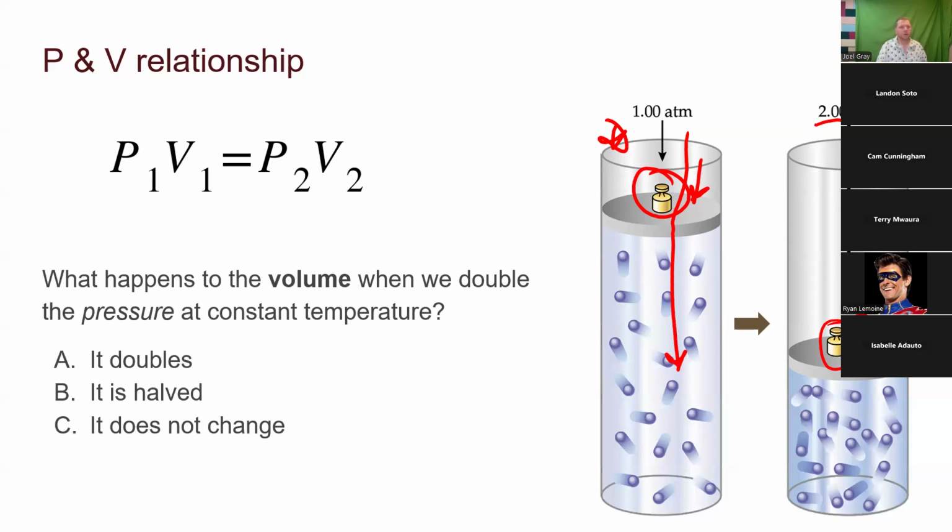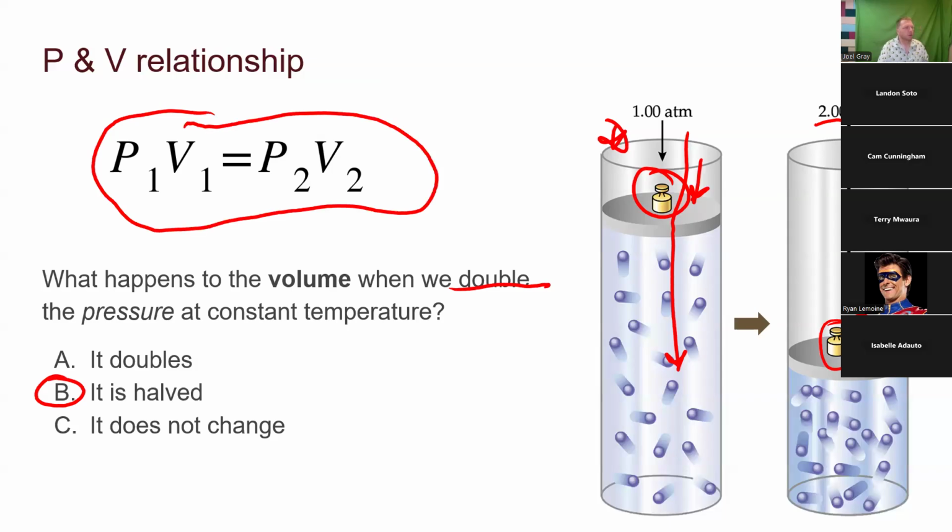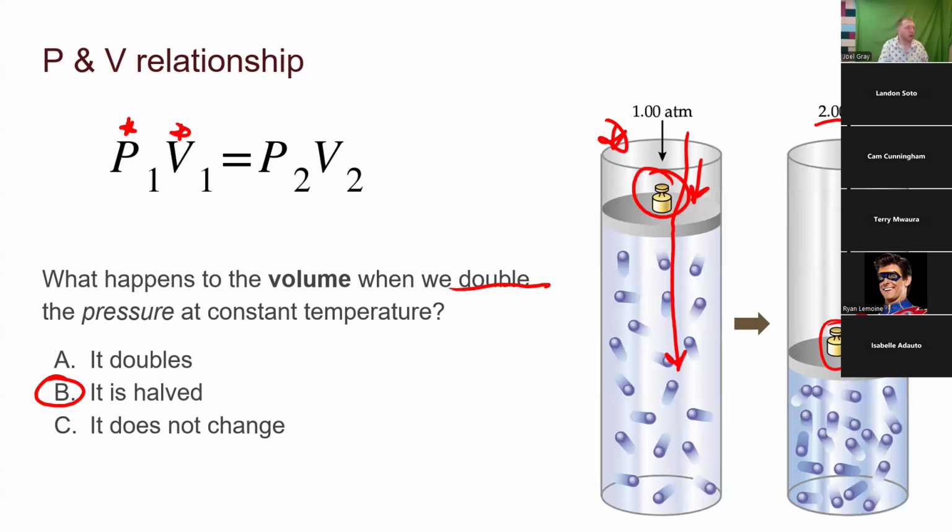What happens to the volume? The volume gets cut in half whenever you double the pressure. So what happens to the volume when we double the pressure? It is halved. Okay, so whenever you see a relationship like this, where two different things are basically set equal to one another, these two things, P and V, are going to be indirectly related.